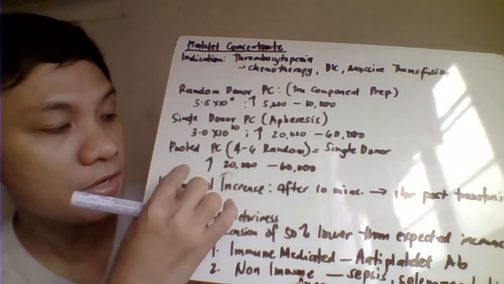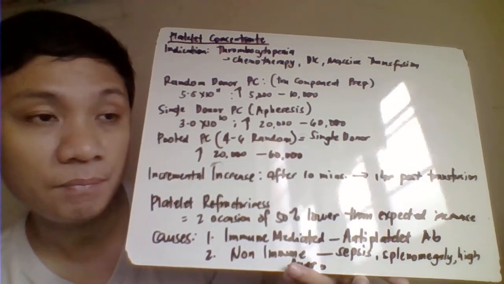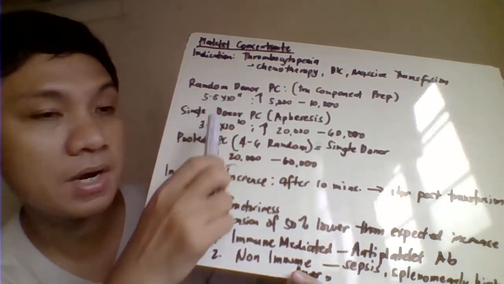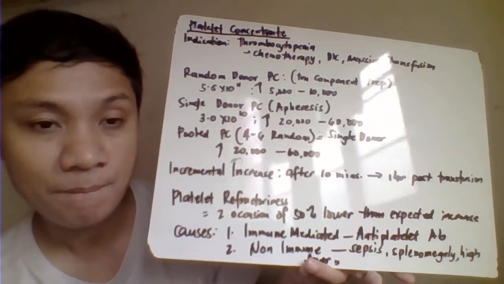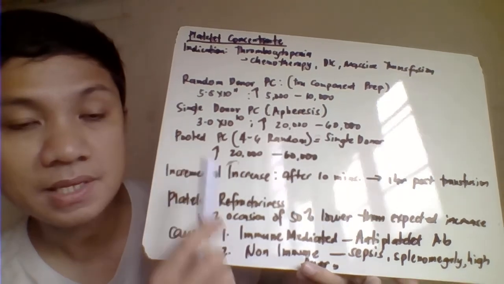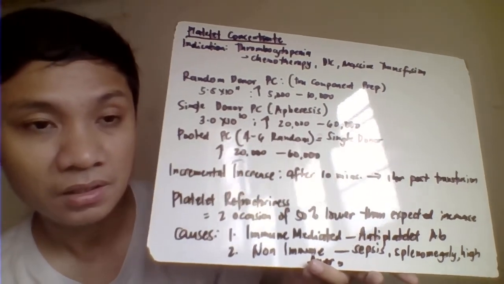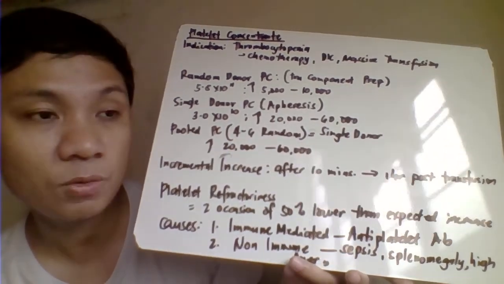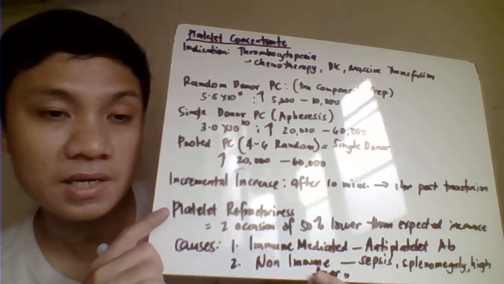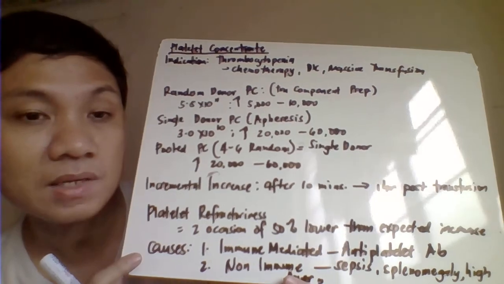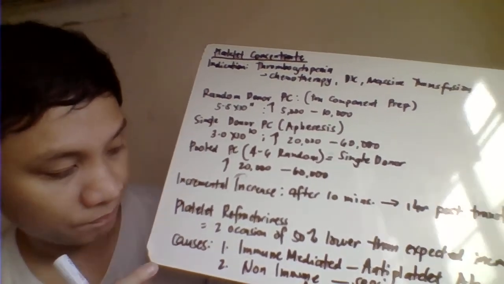You can also pool the platelets by having 4 to 6 random donor units combined into 1, and that will be equivalent to a single donor. So the pooled platelet concentrate can also increase the platelet count of the recipient by 20 to 60,000. Okay, the expected incremental increase is manifested after 10 minutes to 1 hour post-transfusion.